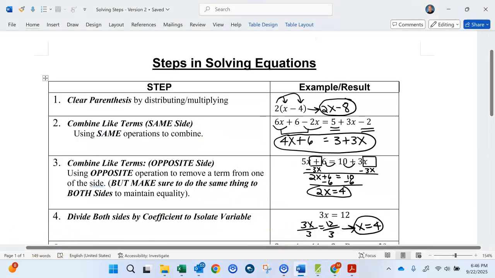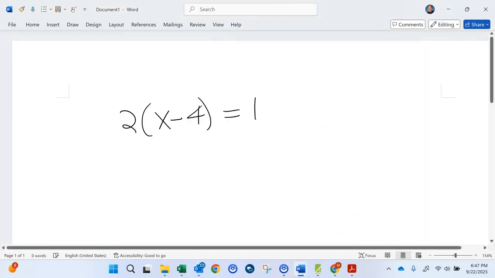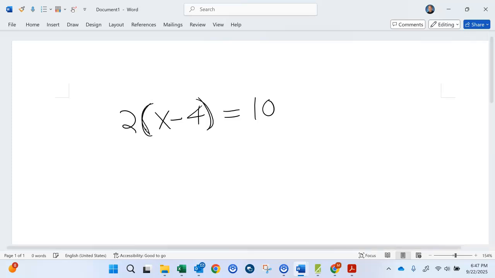Okay, so the first thing I want you to do is think about this. If you've got an equation that has parentheses right here, for example something like this, you have to distribute. You got to remember, this is 2 times x, so that's 2x.